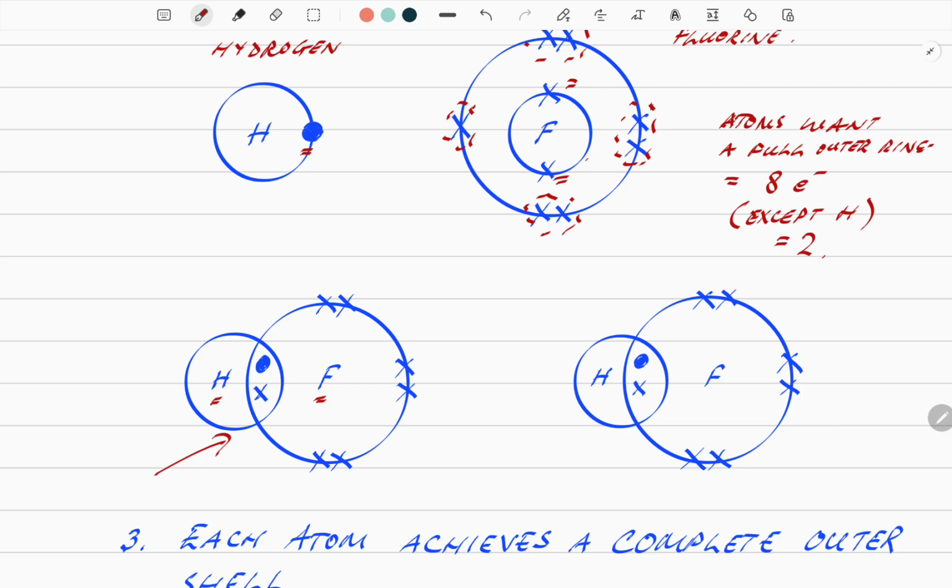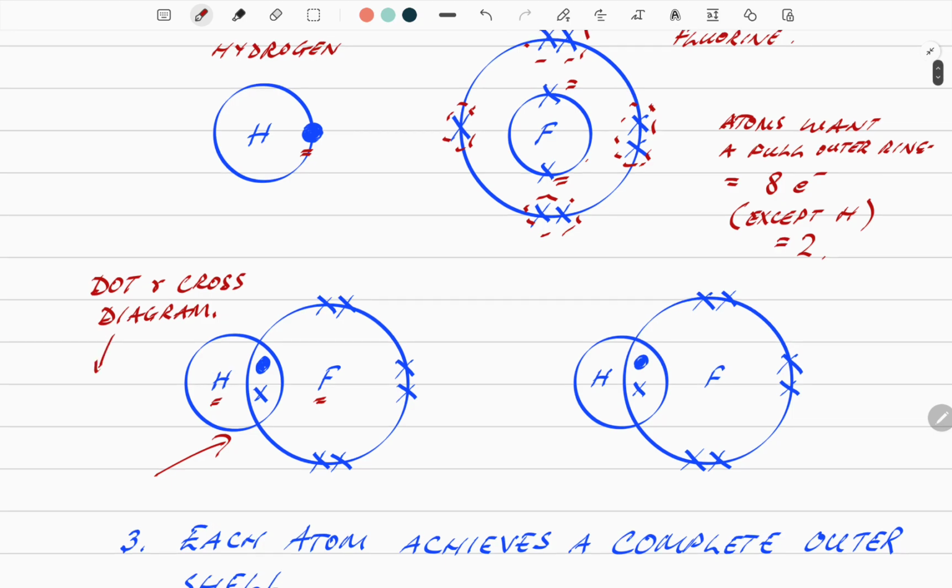As a result, the two atoms each get their full outer shell and they're happy. That's a completed bond, and this is called a dot and cross diagram. In a dot and cross diagram, you only need to show outer shells.